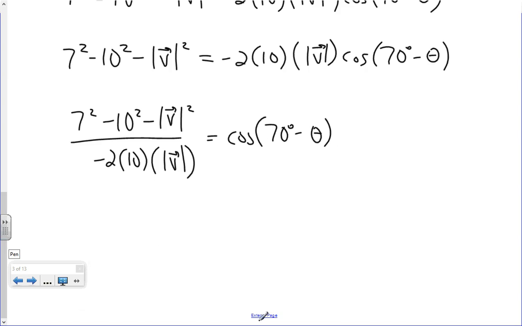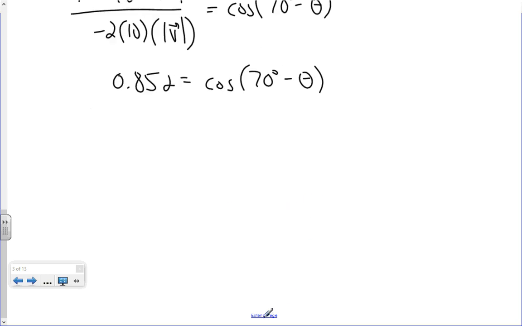So I've got 0.852 is equal to the cosine of 70 degrees minus theta. All right, again, solving for theta. Let me rewrite this with the cosine over here on the left side. Cosine of 70 degrees minus theta equals 0.852.